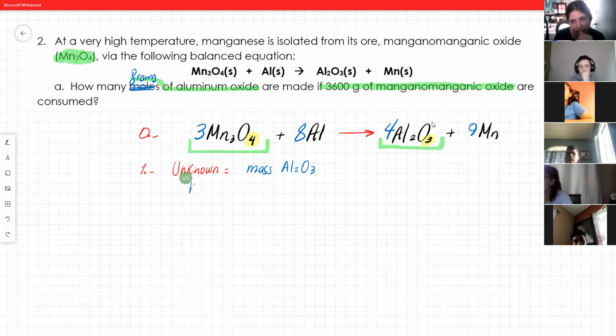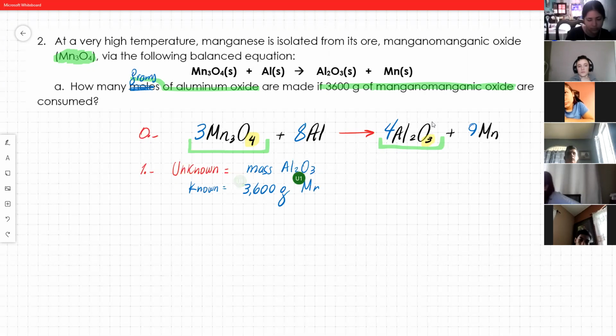And my known is the amount of grams of manganic oxide, 3,600 grams of Mn3O4. Those are the two substances that are related: aluminum oxide and manganic oxide.